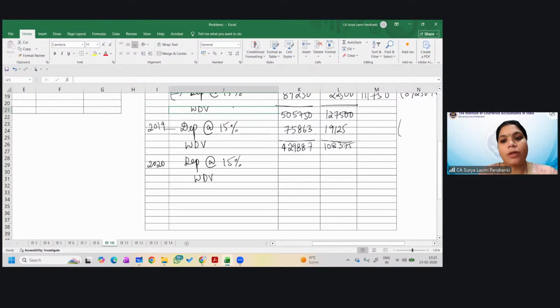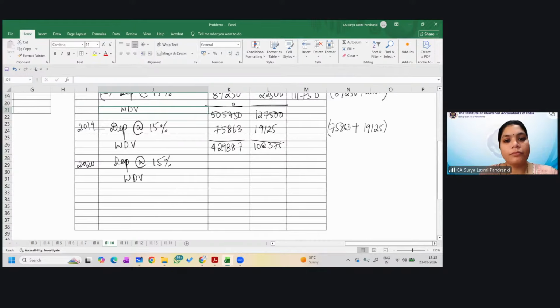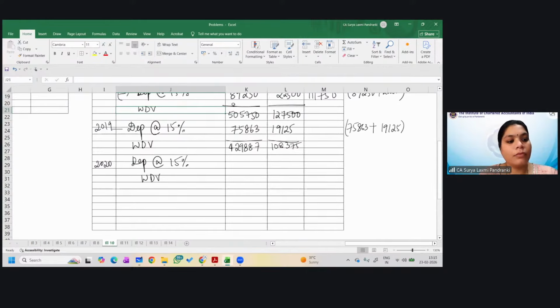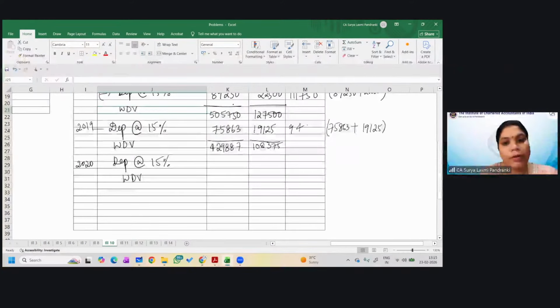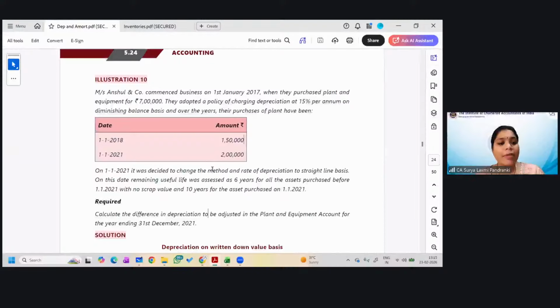And what is the total depreciation? 75,863 plus 19,125, that is 94,988. Got it. Then, now in 2020, do we have any machine purchased?